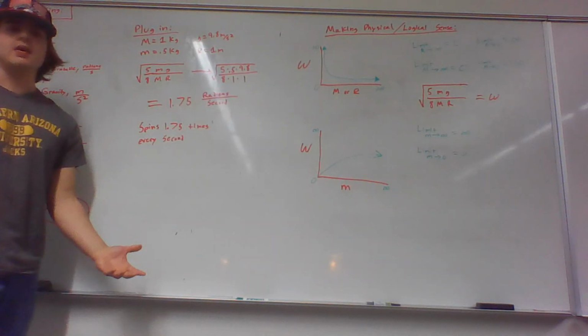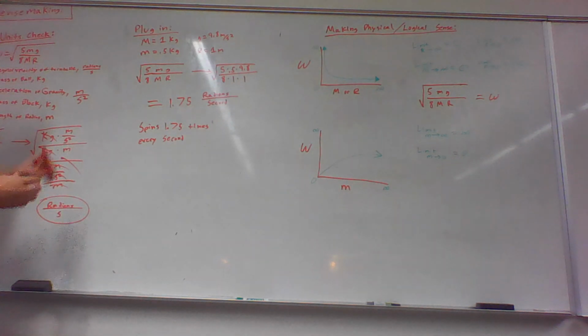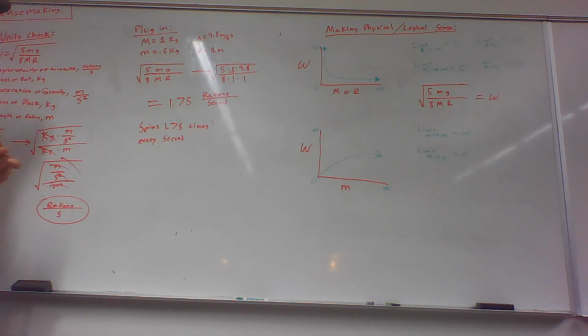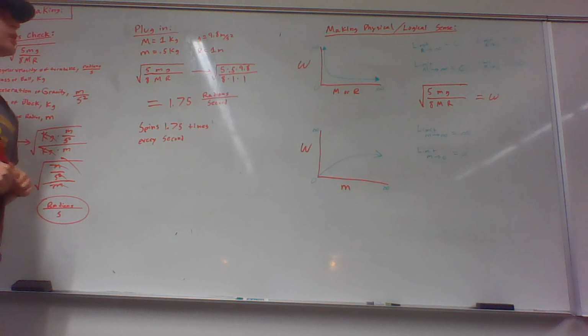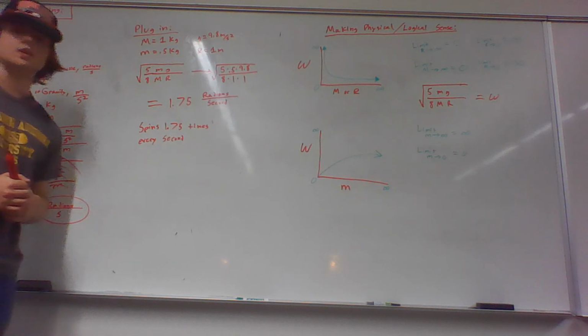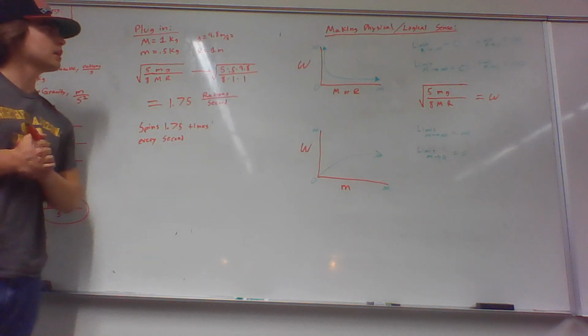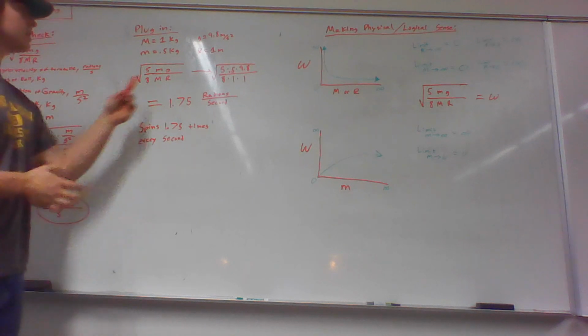All right, so now it's time to plug in our equation. So to start off with the mass of the big block, we're going to have it at 1 kilogram. For the mass of the small block, we're going to have it at half a kilogram. The acceleration of gravity is always going to be 9.8 meters per second squared. And then for a radius, we chose it to be 1 meter. We plug that into our equation.